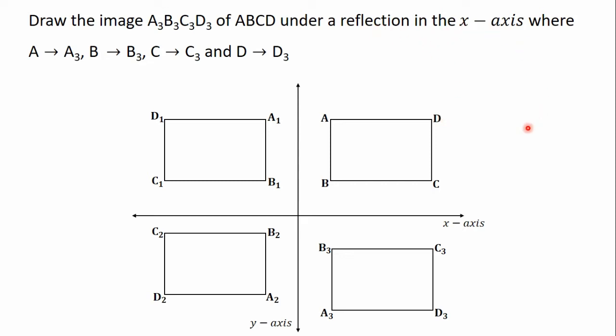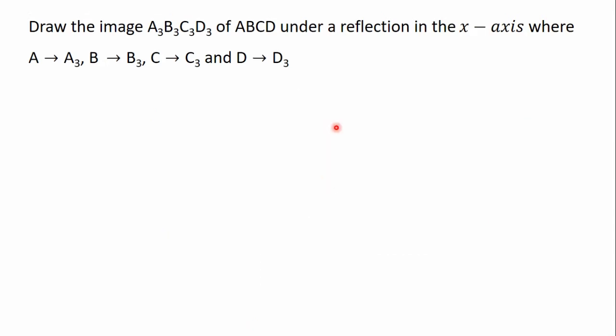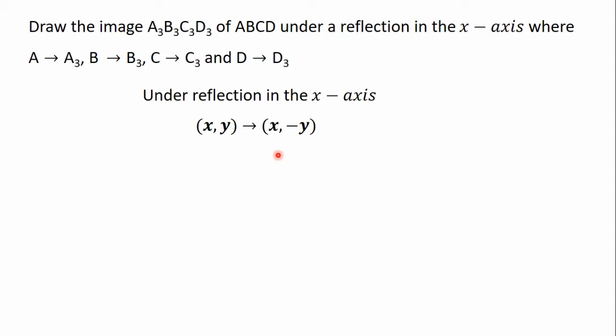So it's going to be very easy for us. We have learned that under a reflection in the x-axis, the rule of the transformation is (x, y) maps to (x, -y). We already have the coordinates of A, B, C, D.